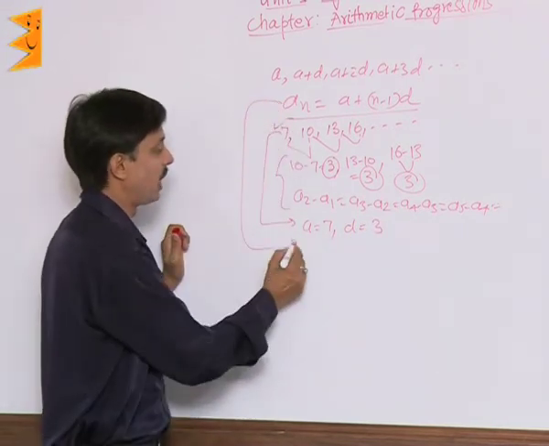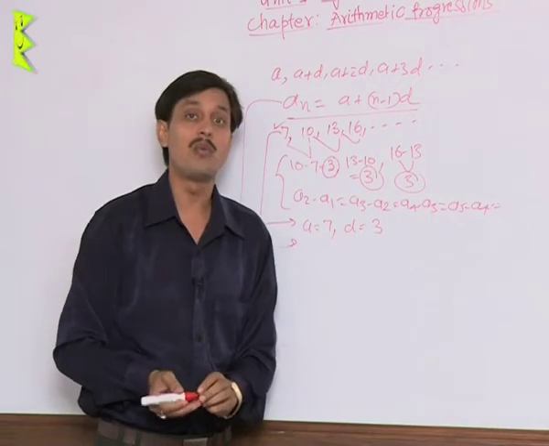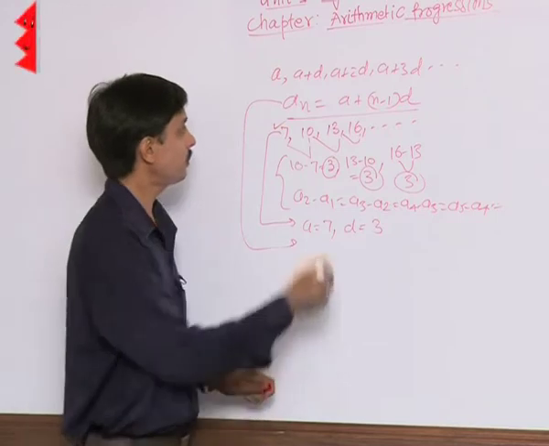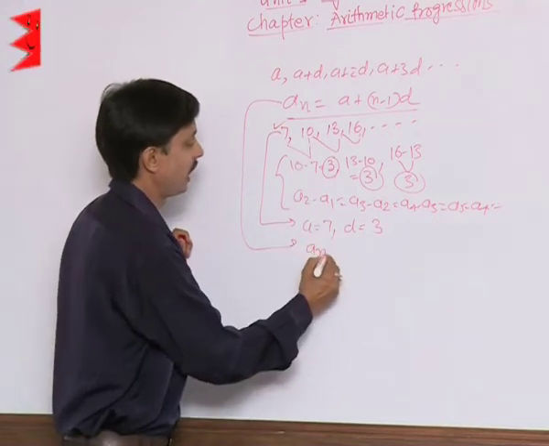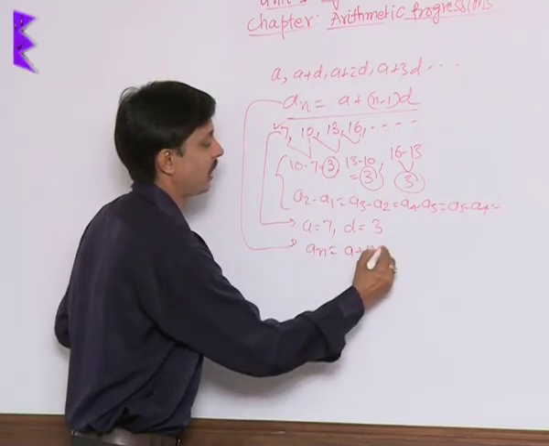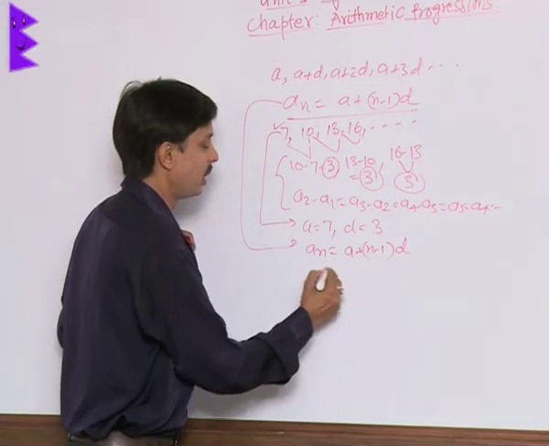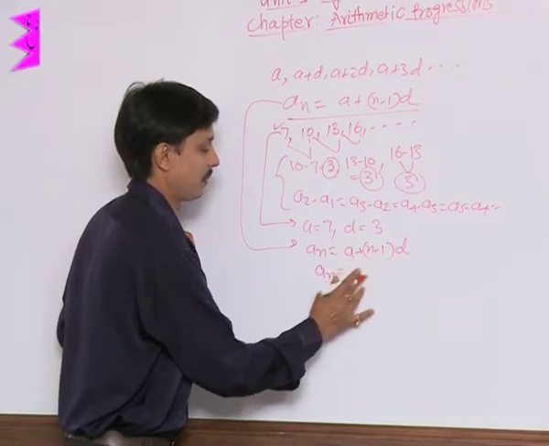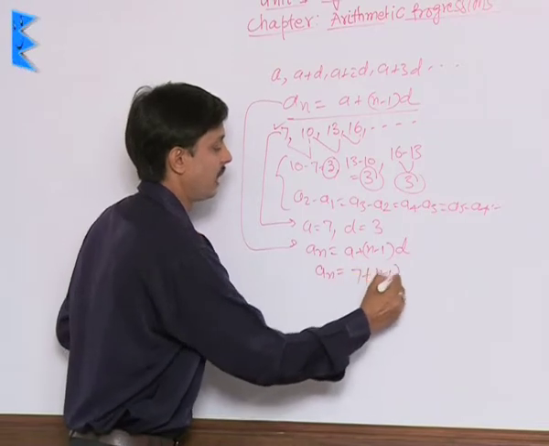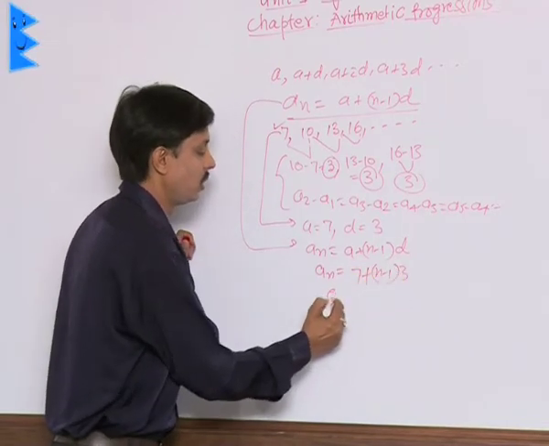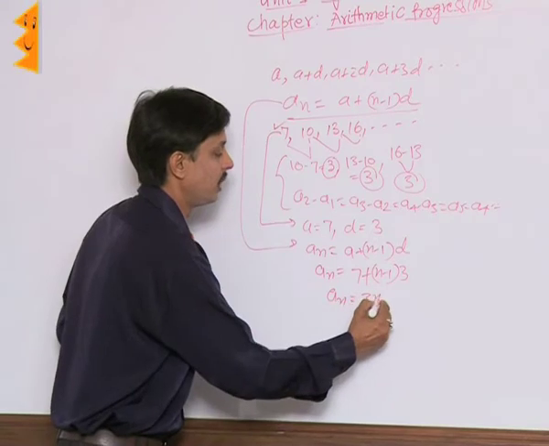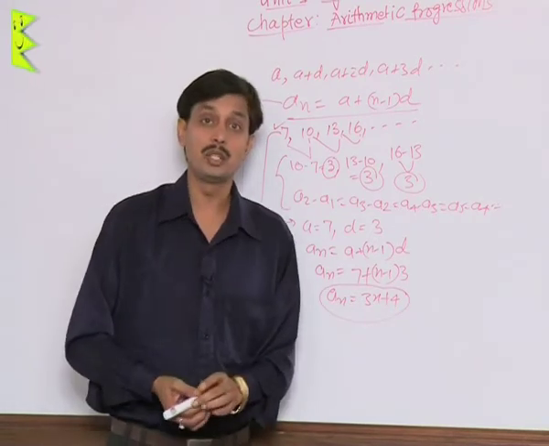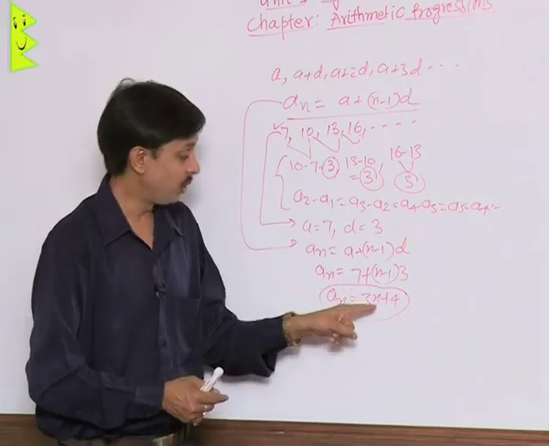Using this formula, known as the formula for finding the general term, the nth term, this is given by an is equal to a plus n minus 1 into d, which gives an is equal to 7 plus n minus 1 into 3. So an becomes 3n plus 4.